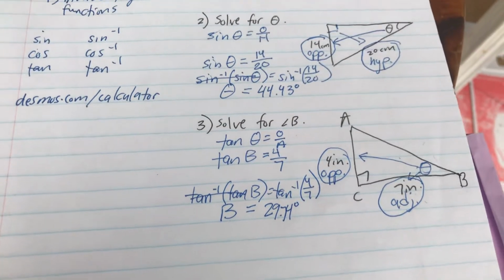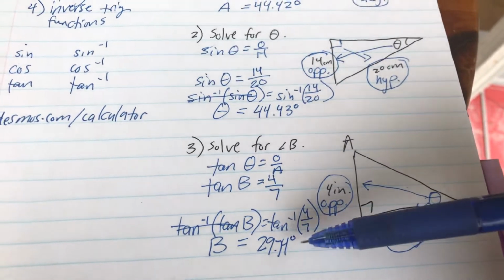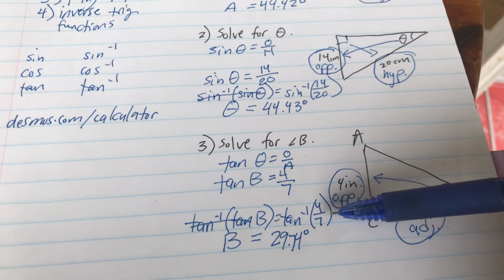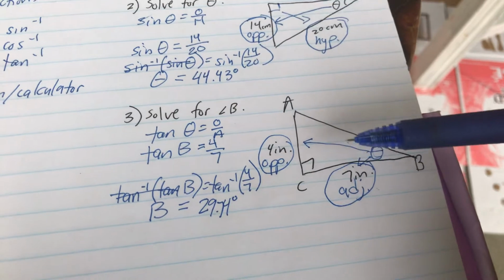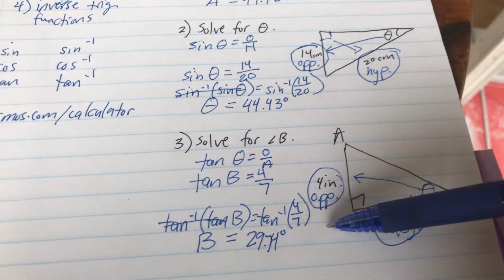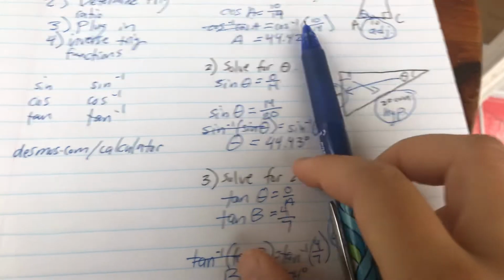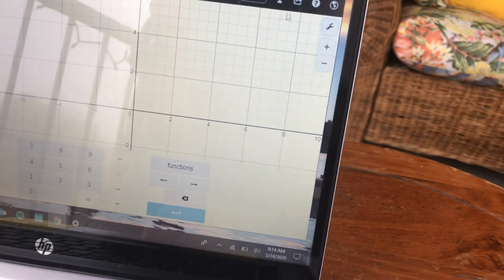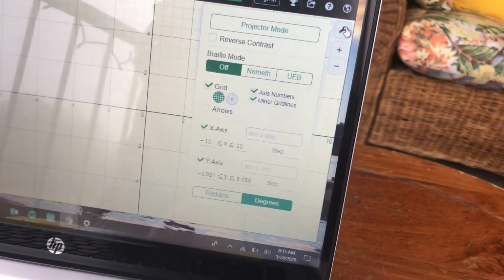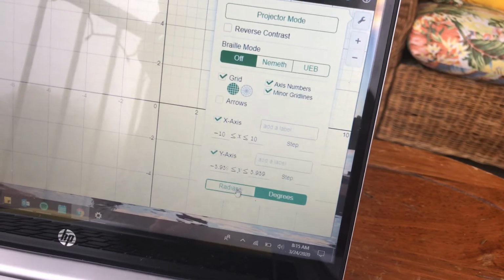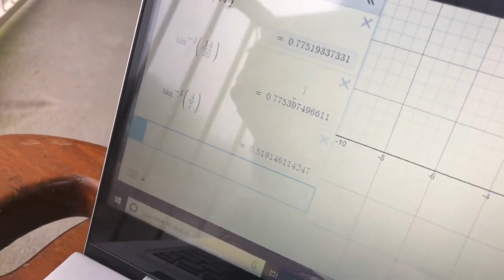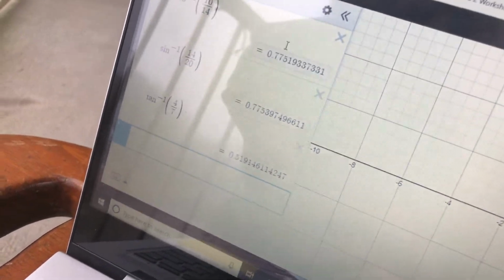Okay, one big thing with these problems, one easy way to check is make sure your answer makes sense. First of all, the angles that we're solving for have to be acute, so they have to be less than 90. So if you get something bigger than 90, then you know you're doing something wrong. Or, our answers are never unusually small, so let's say you forget to put it in degree mode and left it on radian mode. Our answers would never be this small.